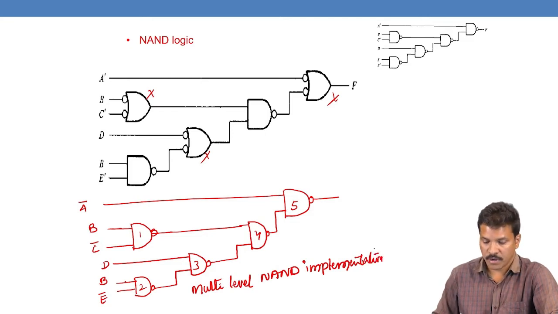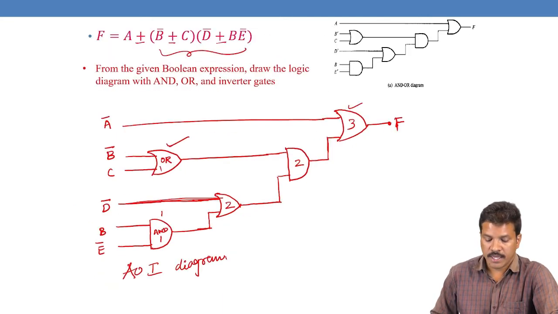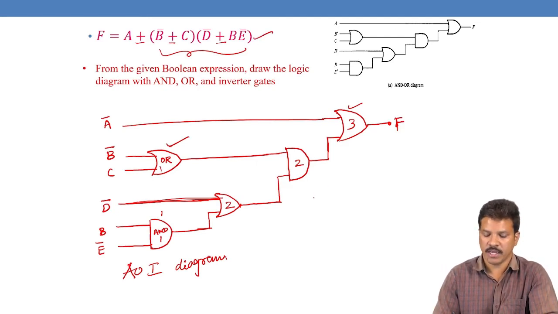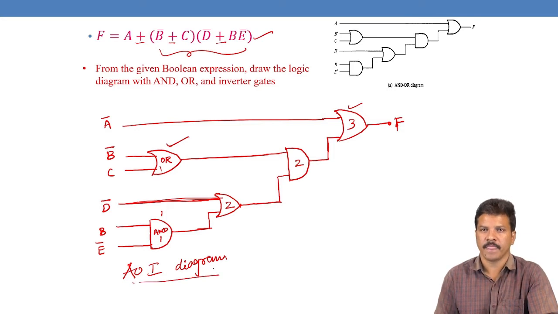It's very simple. Take the Boolean function and its corresponding diagram using AND, OR, inverter.